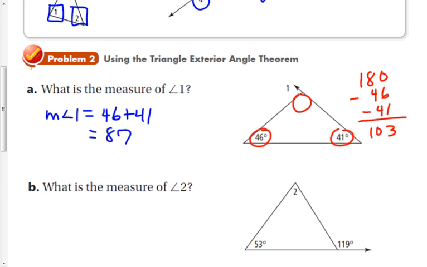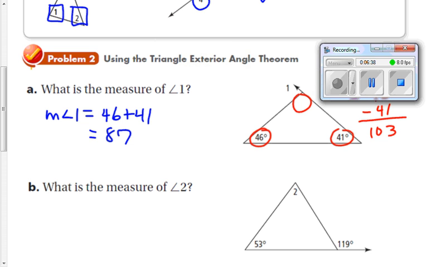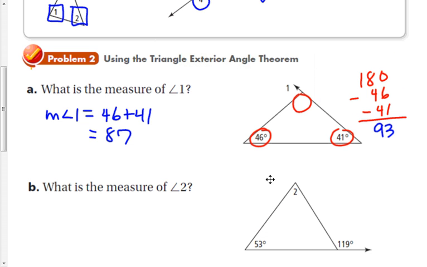I subtracted that wrong, sorry. That's equal to 93, and then once you know that angle is 93, these two angles together are a linear pair, so they add up to 180. So you could just take 180 minus 93 to get the exterior angle, which is 87.